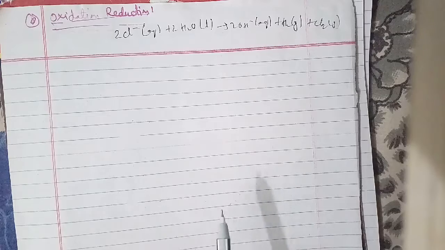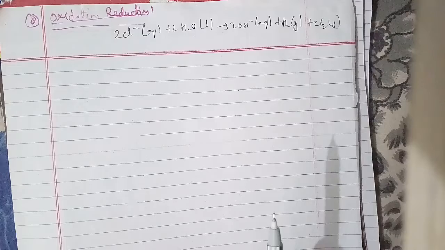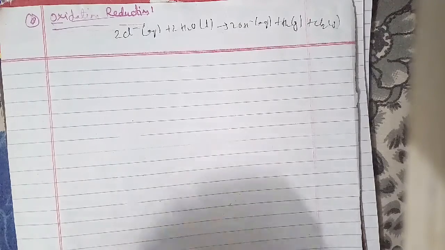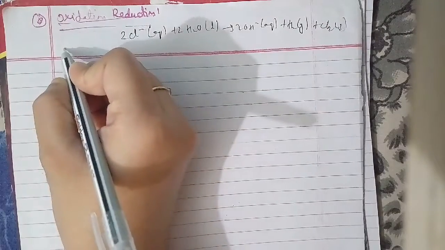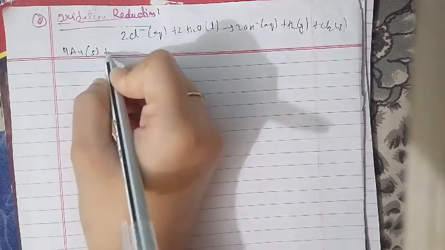For the same, we have another equation: 2Au(CN)2 minus aqueous plus Zn will give 2Au plus Zn(CN)4 2 minus aqueous. In this reaction, zinc acts as a reducing agent as well.